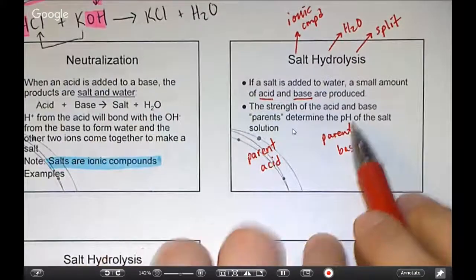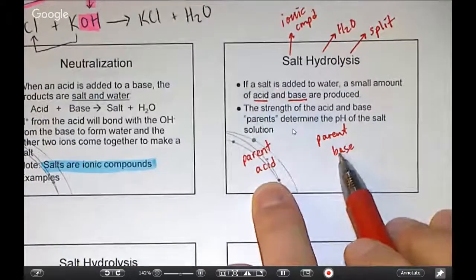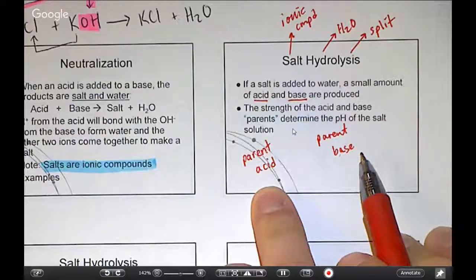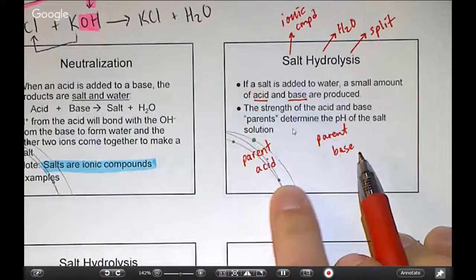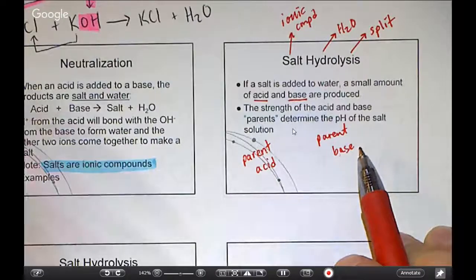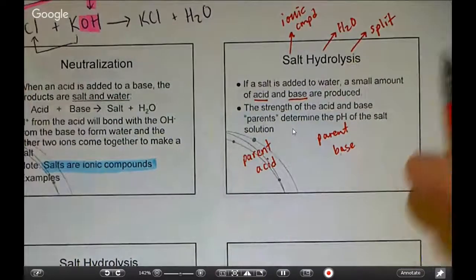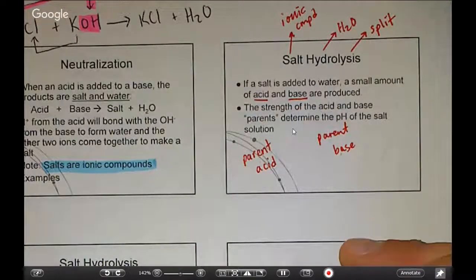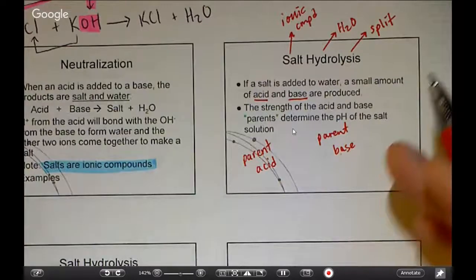And the strength of the acid and base parents will determine the pH of the salt solution. So what we're going to see in a moment is if our parent acid we can determine to be a strong acid and then the base is a weak base, then overall we have an acidic salt. If it's flipped around, we have a basic salt. If they're both strong, it's neutral.